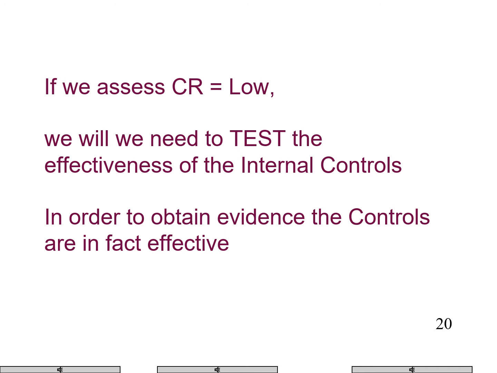If we assess control risk as low, we will need to test the effectiveness of internal controls. We'll need to perform extensive tests of internal controls in order to obtain evidence that the controls are in fact effective. It's not enough that we believe the controls are effective. We need evidence showing that they are.